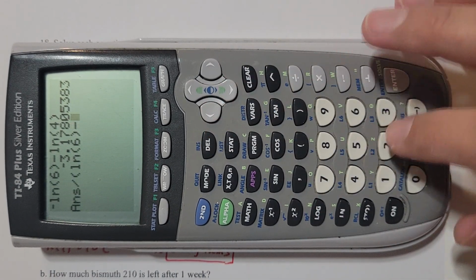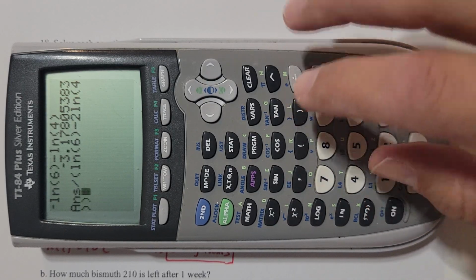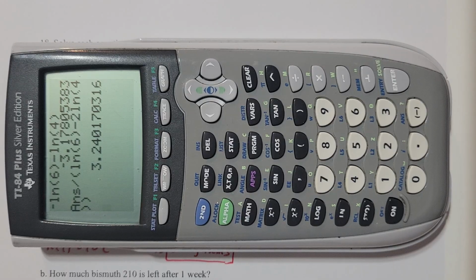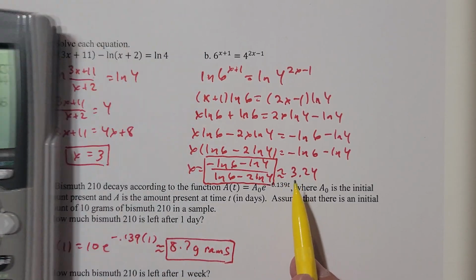Okay, and I'm going to close up the parentheses there. So I get 3.24 roughly with that. And yeah, that'd be the answer.